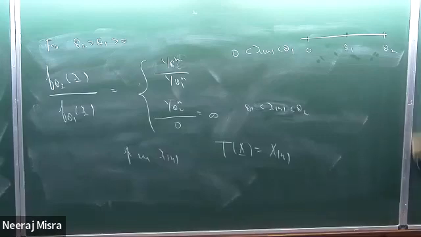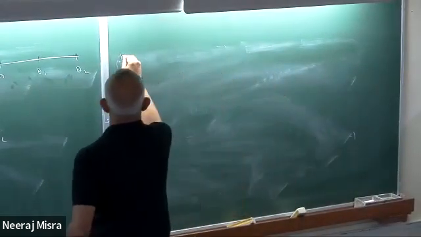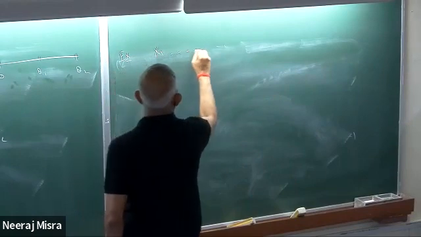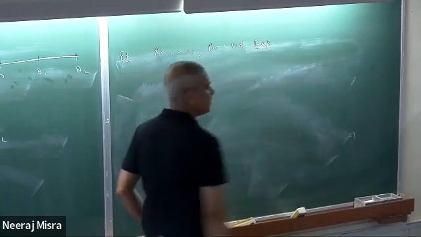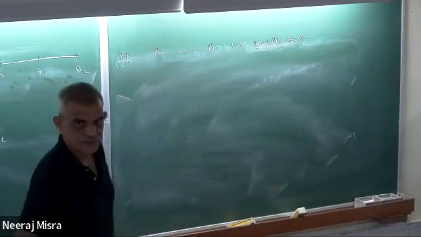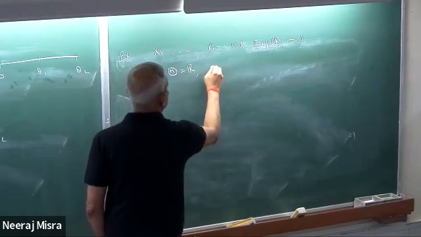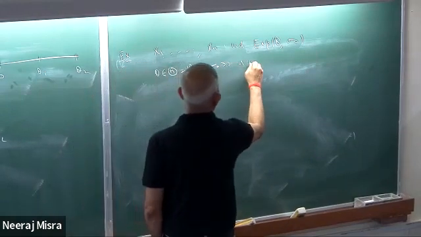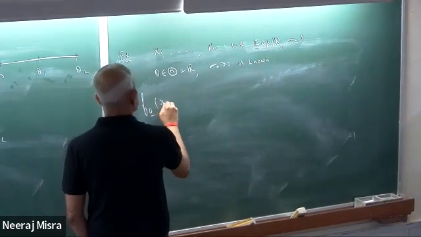Now another example: i.i.d. exponential, let us say theta, sigma naught, where theta belongs to the parameter space R, and sigma naught greater than 0 is known. What is your f theta x?